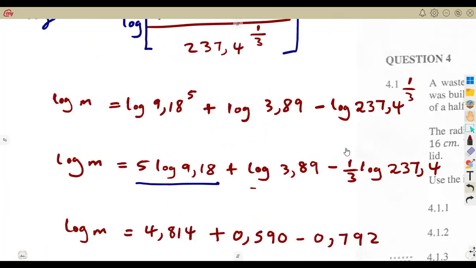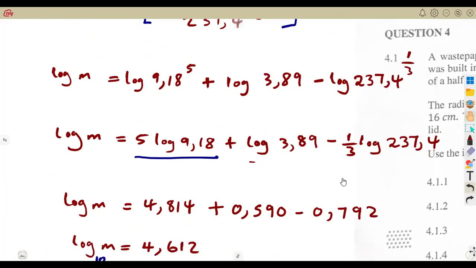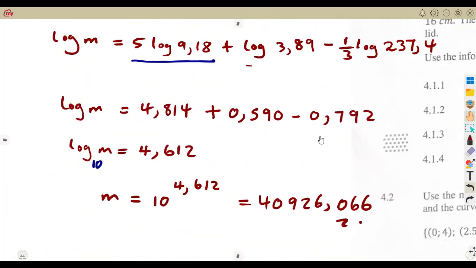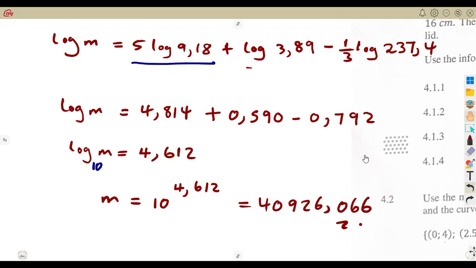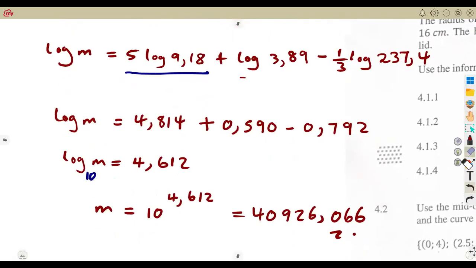You cannot get exactly the same answer as on your calculator, but it's supposed to be within that interval because of the rounding off. You remember we were rounding off each and every part that we had. That part alone affects your calculations, the rounding off. So you have to be very careful. All right. So that was part of our question.